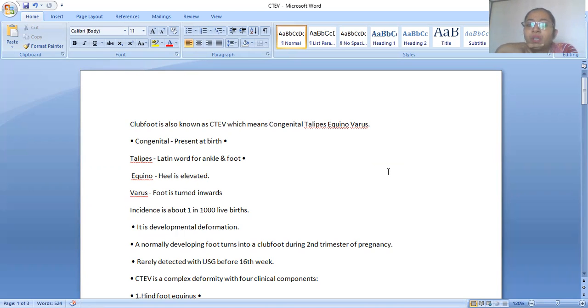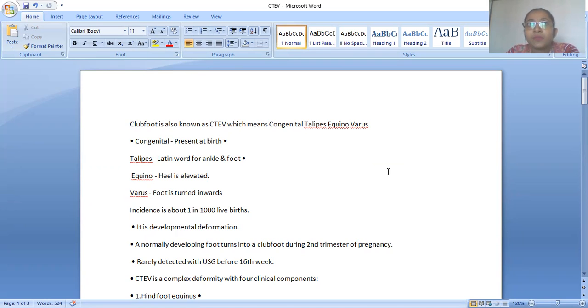Then the incidence of CTEV is 1 in every 1,000 live births. Like if 1,000 live births take place, one child will be born with CTEV, and it's a developmental deformity. A normally developing foot turns into clubfoot during the second trimester of pregnancy.